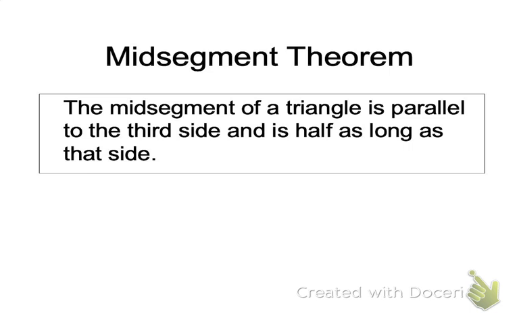Okay, so the mid-segment of a triangle is parallel. Why do I care about that? Well, that gets me my congruent angles. It's parallel to the third side and is half as long as that side.